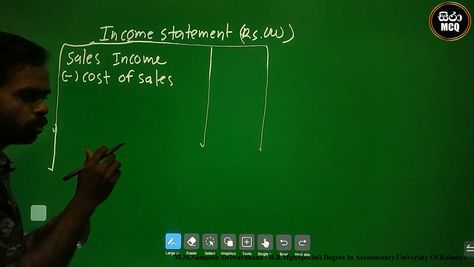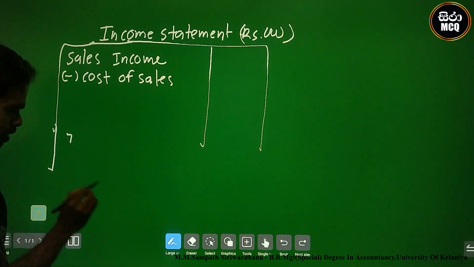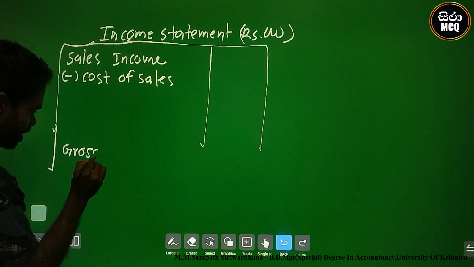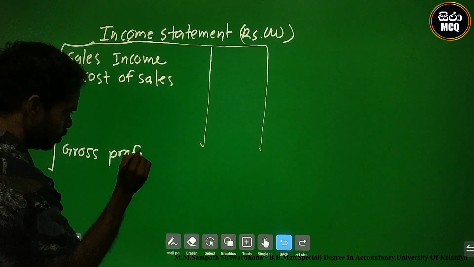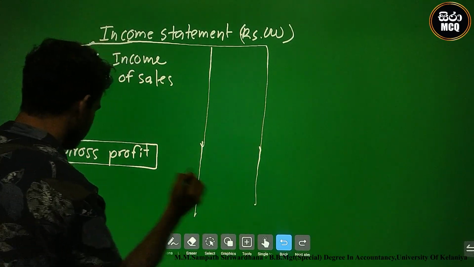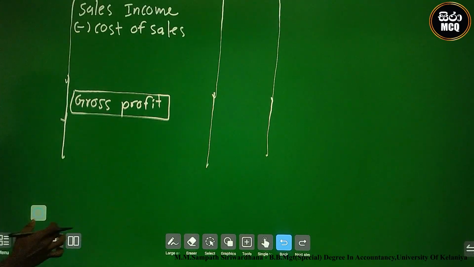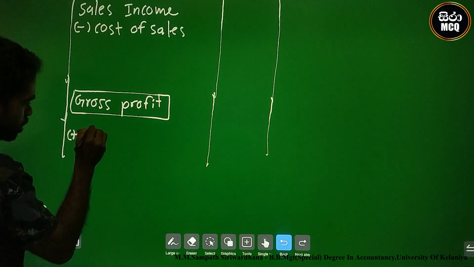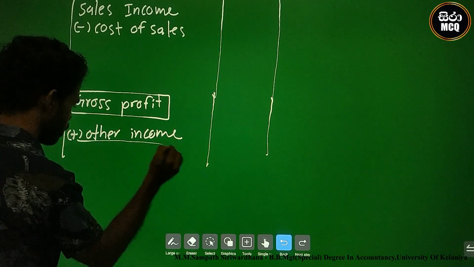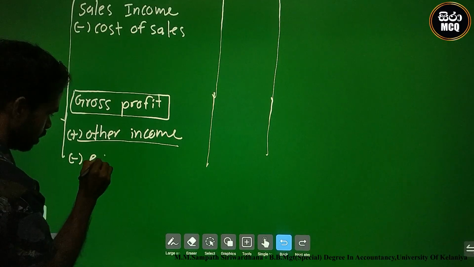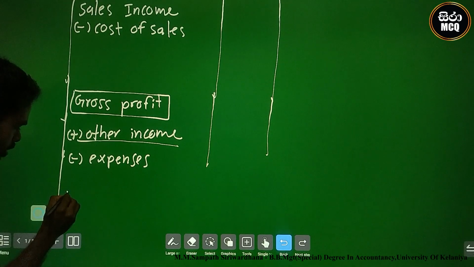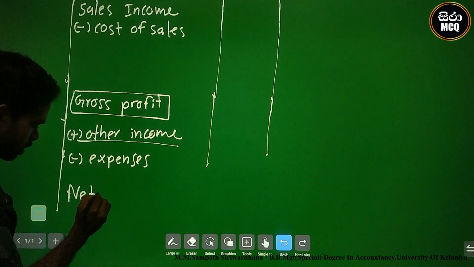In cost of sales, there are some more items. At this time we can prepare gross profit. This is the highlighted requirement, gross profit. After that, plus other income, minus expenses. At this time we can prepare net profit.